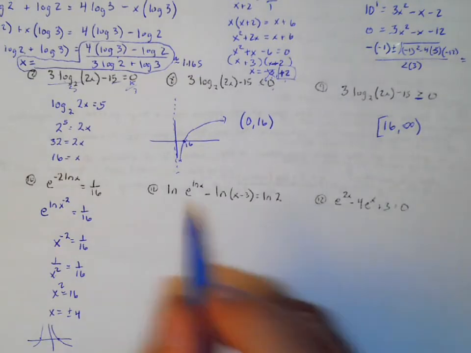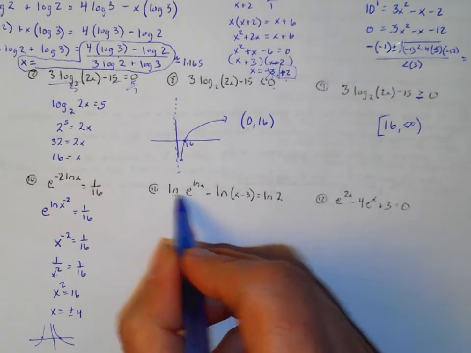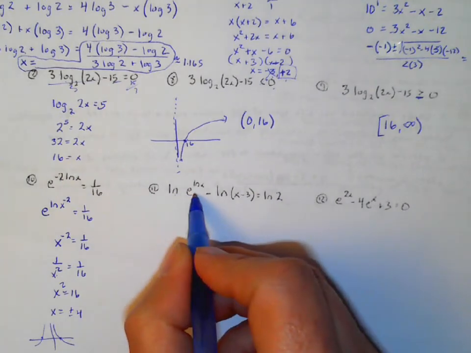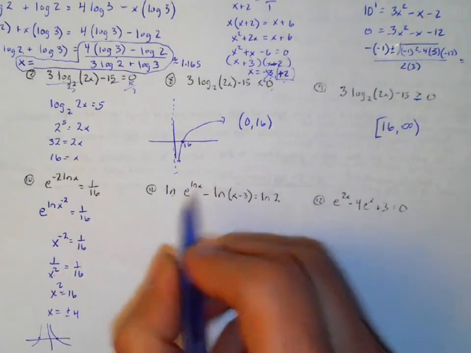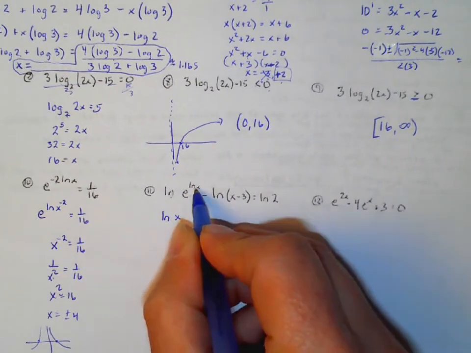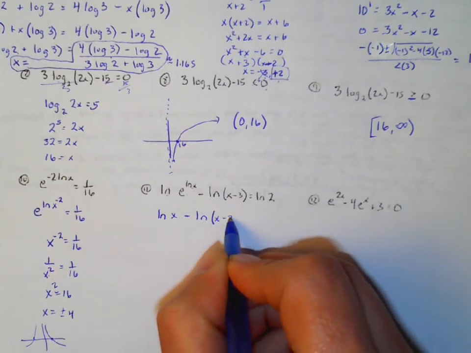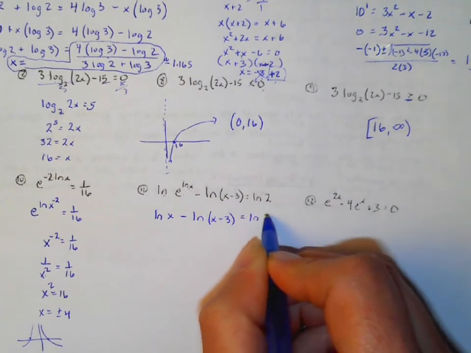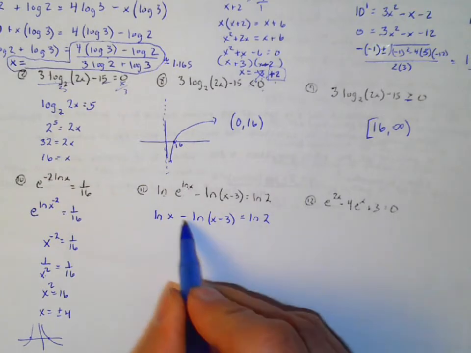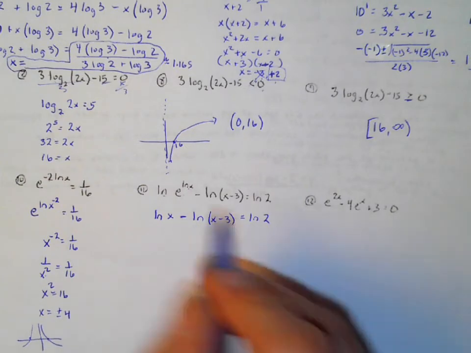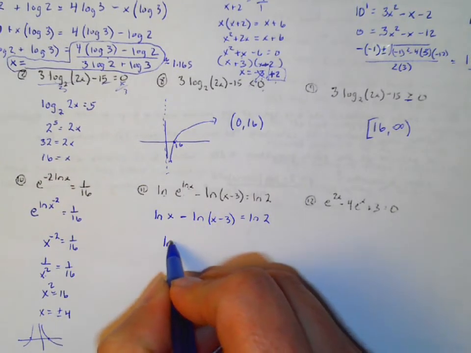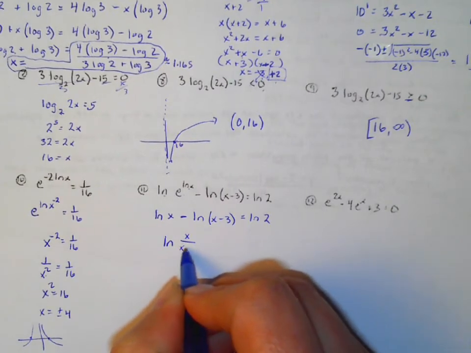Okay, this one right here, and once again, I know that natural log and e are inverses of each other. It's kind of like we did there, right? So this means the exponent just kind of comes down. Okay, using the quotient rule, subtraction here, I know that this is going to be the natural log of x over x minus 3.